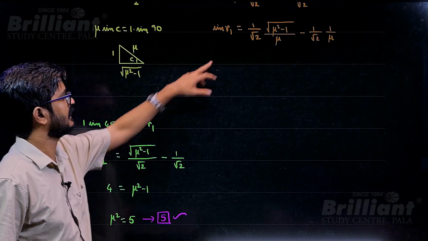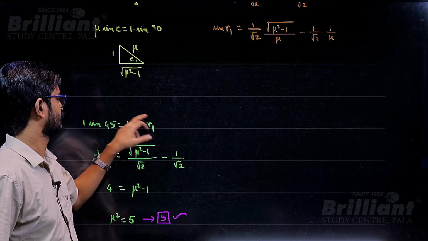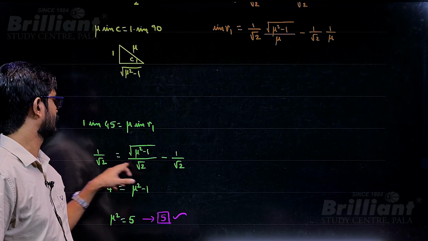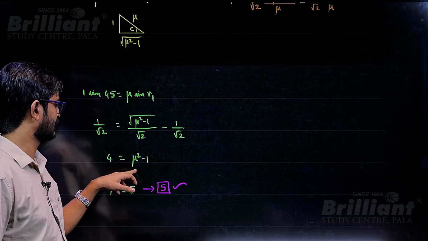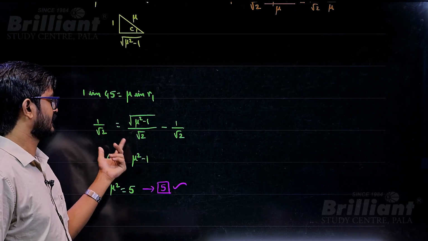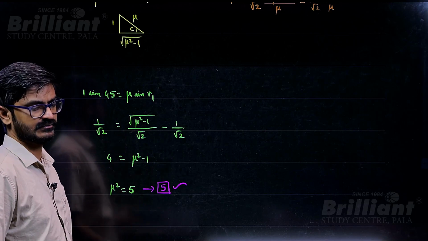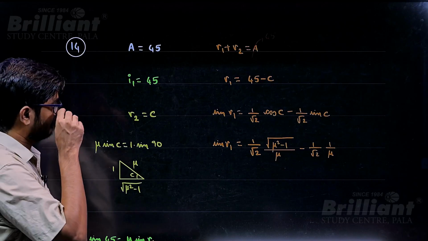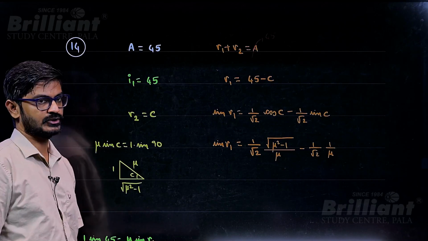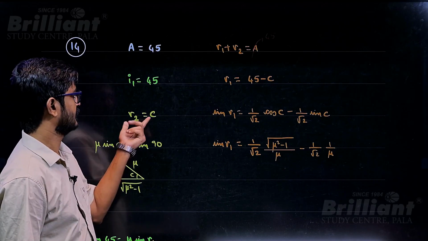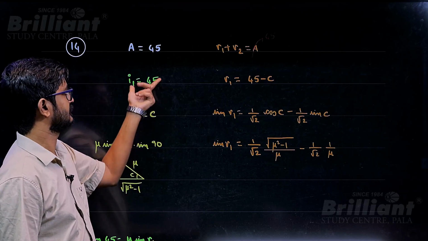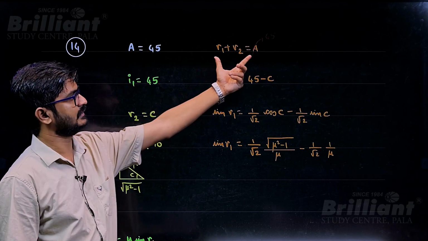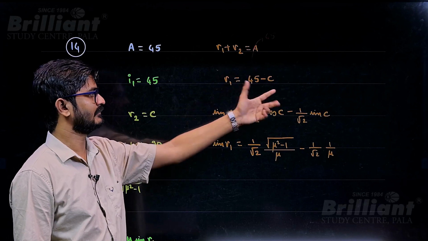So I just substituted mu sin R1 from here. Root 2, root 2, root 2 will get cancelled. From there we will be getting 1 plus 1, 2, and I have taken the square. So mu square is 5. So what all things have we done? We have used Snell's law at both the points, and we understood the second angle is the critical angle, and these values were given in the question, and we know this information from the triangle property, and we are just using some math, right?